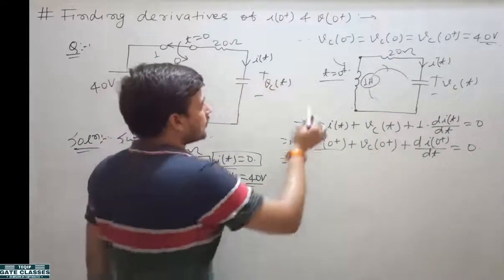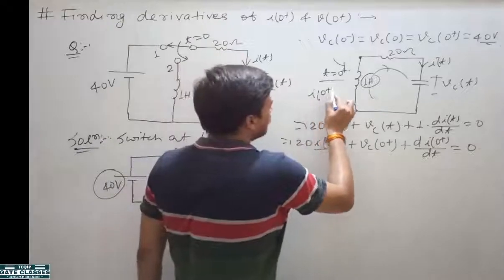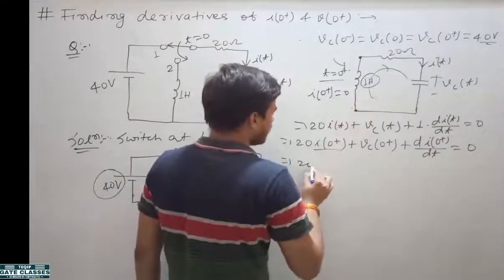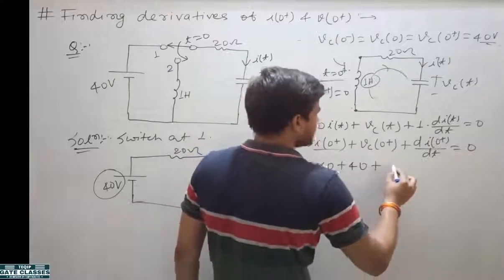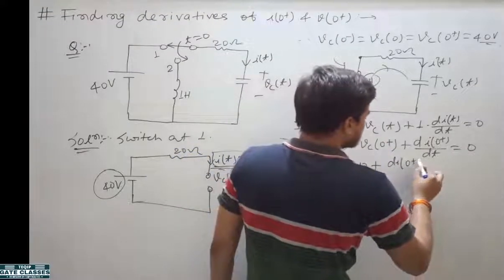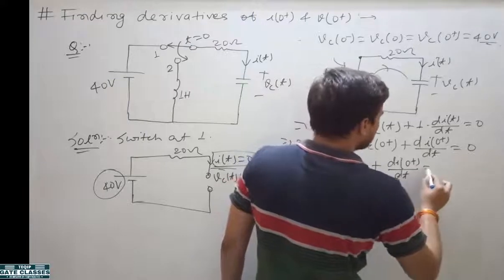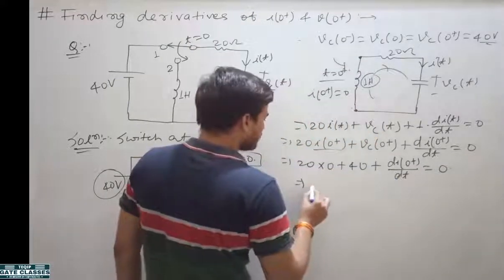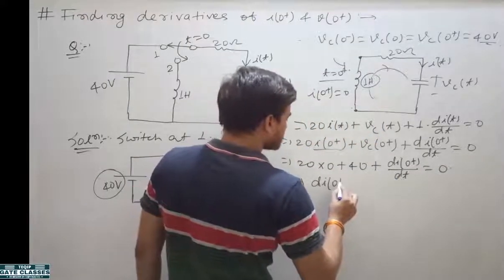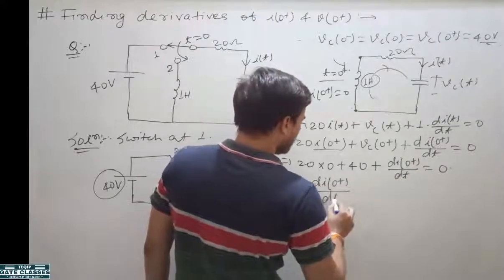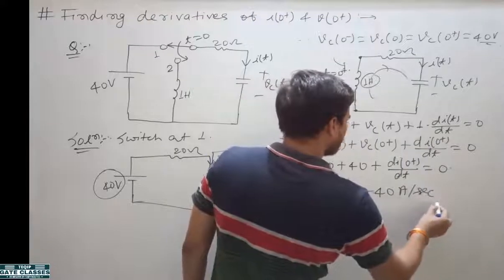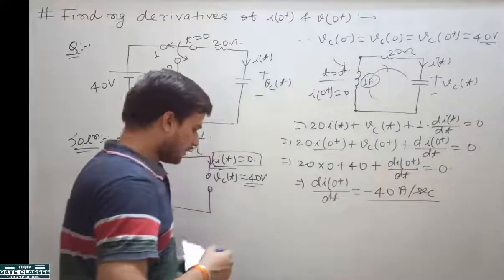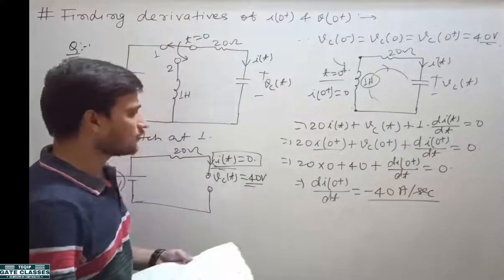So i 0 plus will be equal to 0. So 20 into 0 plus v C 0 plus, which is 40, plus di 0 plus upon dt will be equal to 0. From here you write di 0 plus upon dt will be equal to minus 40 ampere per second. So this is the answer of the first part.